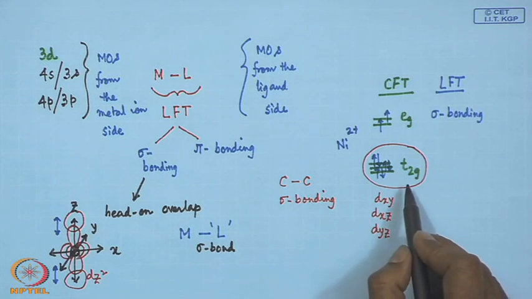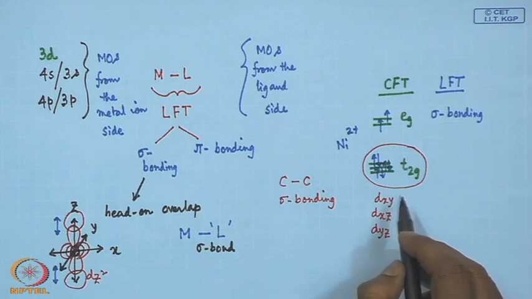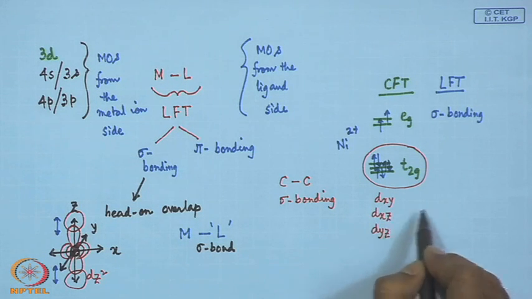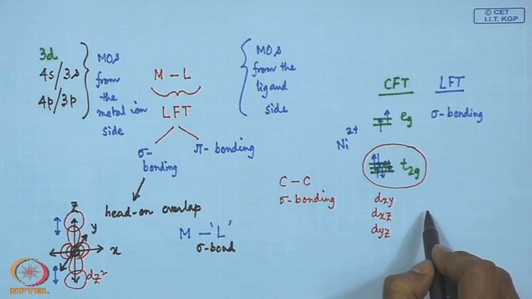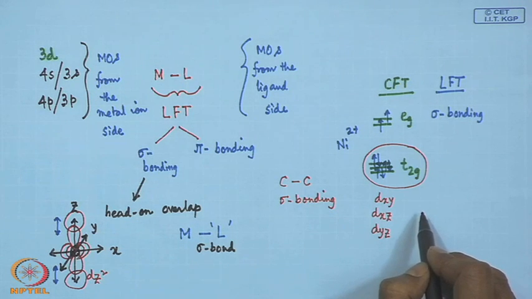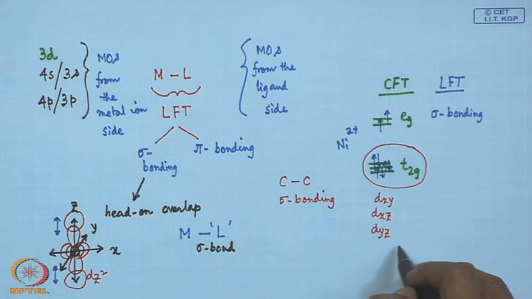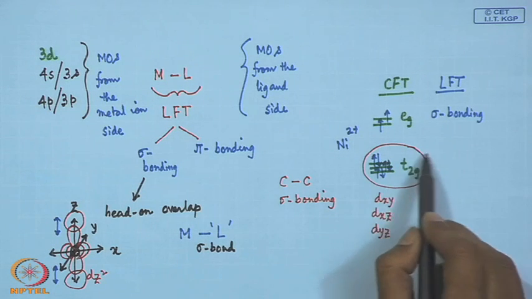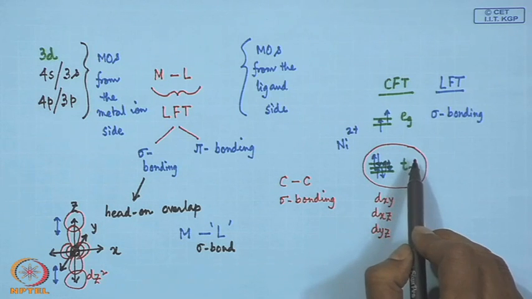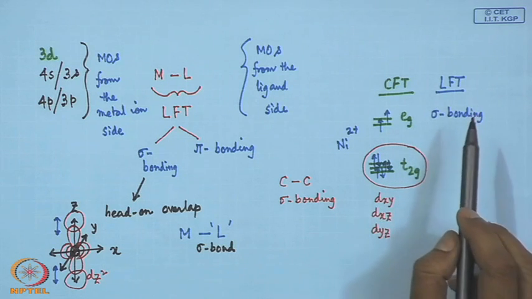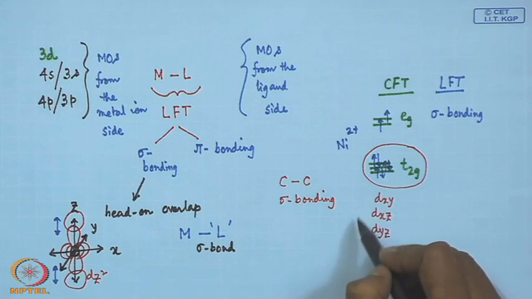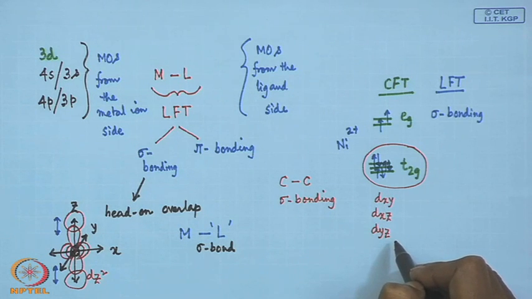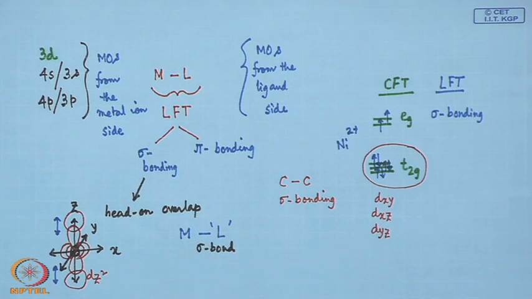Therefore, these T2G orbitals will not show any kind of sigma interaction with our ligand group orbitals or ligand SALCs. These orbitals will be there, but as we will find in the typical molecular orbital diagram for this ligand field, they will not show any bonding interaction with the available ligand orbitals.